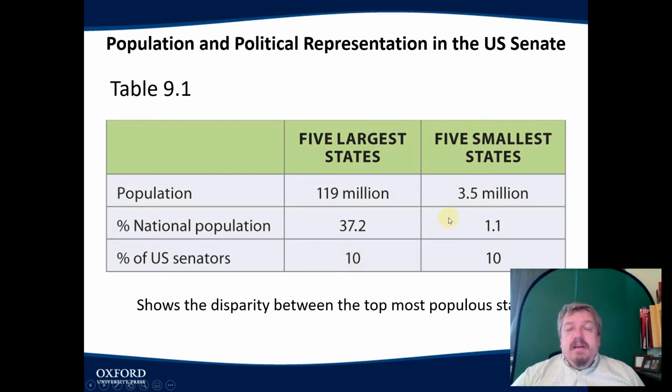Look at the 5 smallest states by population, probably Alaska, Hawaii, Rhode Island, maybe Montana, Wyoming. Anyway, the 5 small states only have 3.5 million, only 1% of the population, but they still get 10 senators, don't they? So these people have fewer senators per person than these people do because of the way the laws are written.